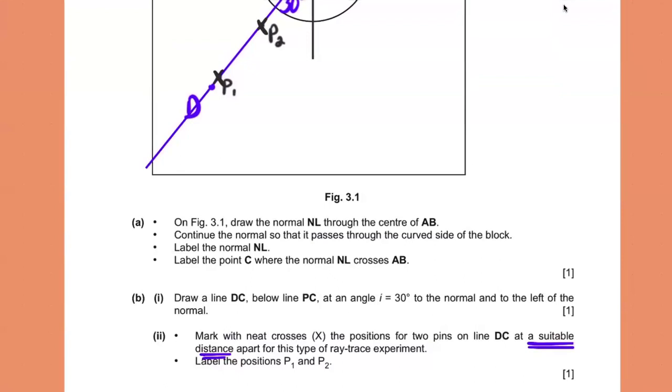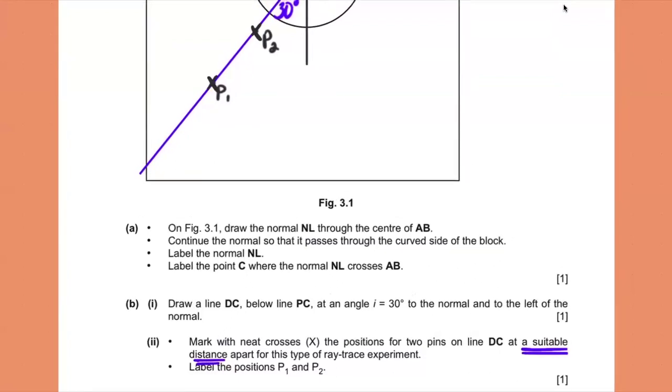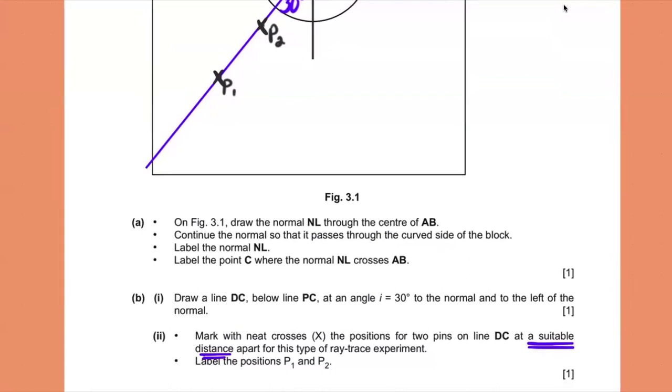Let's get rid of this for now. Right? So obviously, your pen has to be on the outside of the block. That's obvious. It can't be inside the block. So that is how our pins look like in this case.